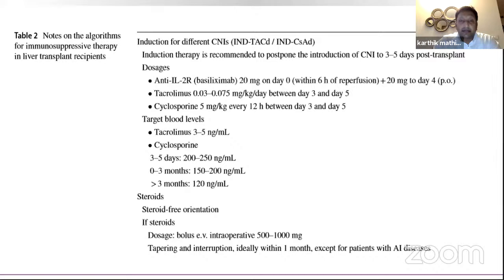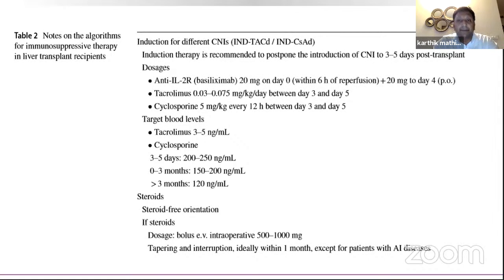And like I said, induction therapy is recommended to postpone the introduction of CNIs to 3 to 5 days, especially when you have pre-transplant kidney dysfunction and can't start your CNIs in the first 2 to 3 days. Then the anti-interleukin 2 receptor blocker, basiliximab, is given on day 1 and day 4 in some centers; usually we follow day 0 and day 4, 20 mg.